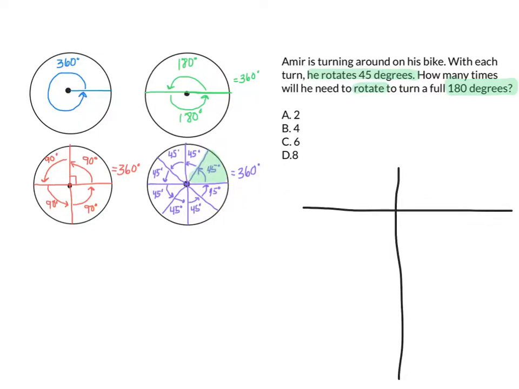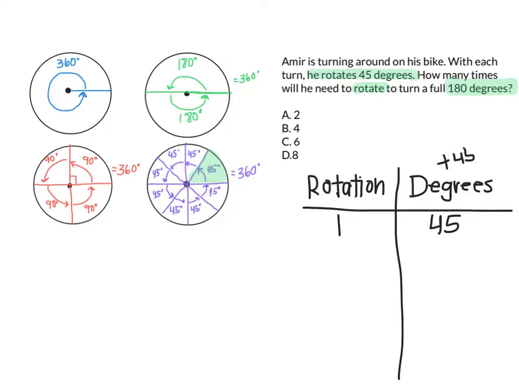So in our table, we need to include rotations and degrees. I know from our problem that he rotates 45 degrees with each turn. So with one rotation, he's rotating 45 degrees. So with every rotation, we're going to be adding 45 degrees. And we're going to stop once we reach 180 degrees. Then we'll know we're done.